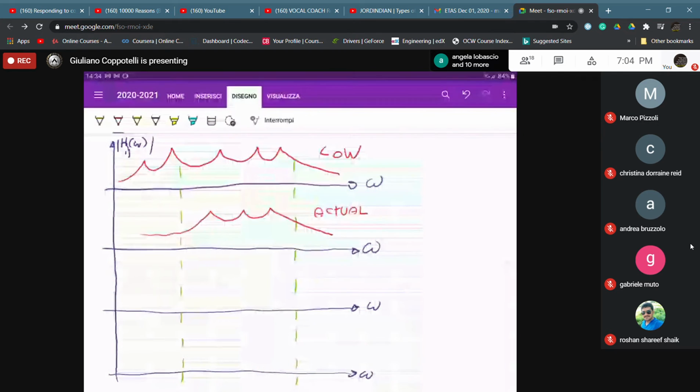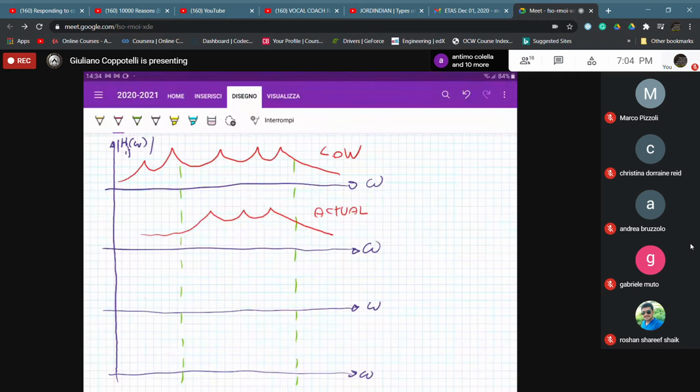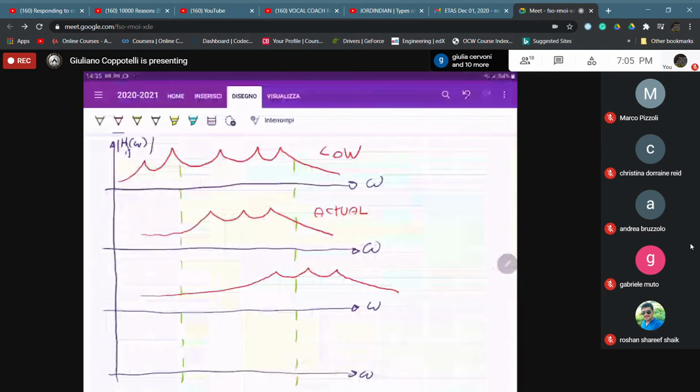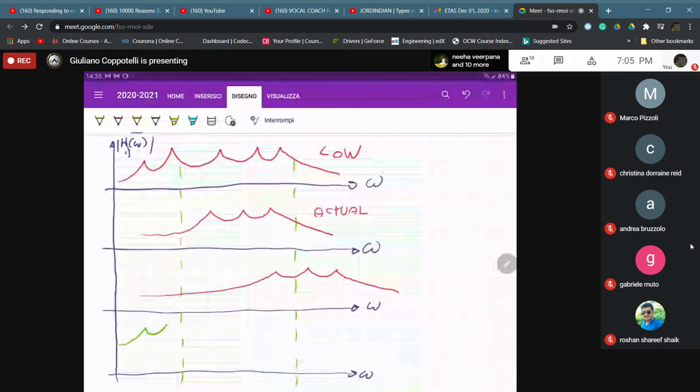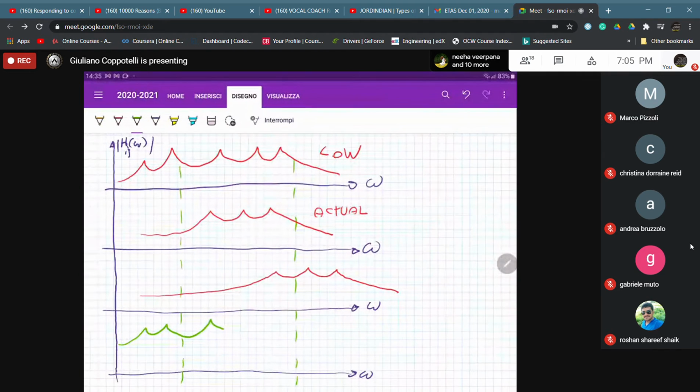What I'm going to write now is the effect of the higher frequency mode, something like this. So if you add everything, what you got is the right representation of your FRF, for example, this one.